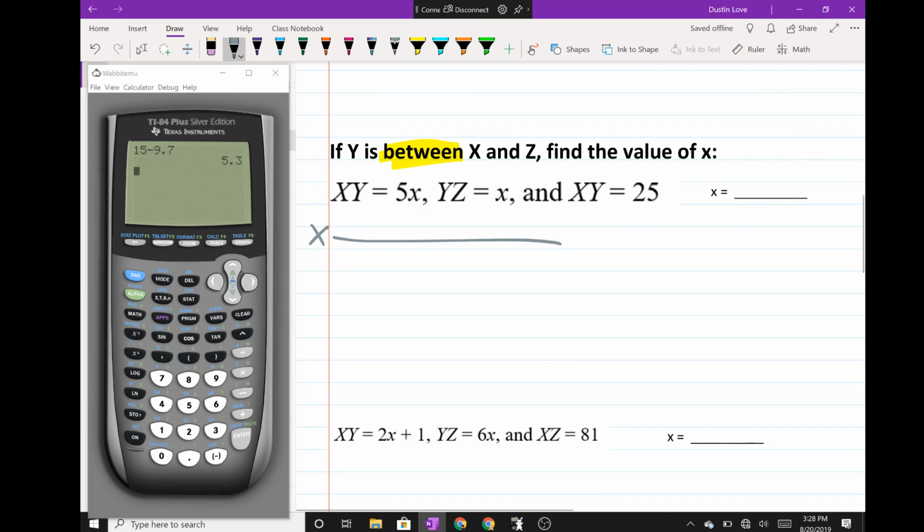I'm going to put x and z, my 2 points there, and then y is there in the middle. All right, so now we're going to start plugging stuff in. xy is 5x. yz is x. And then xz, this whole thing is 25.